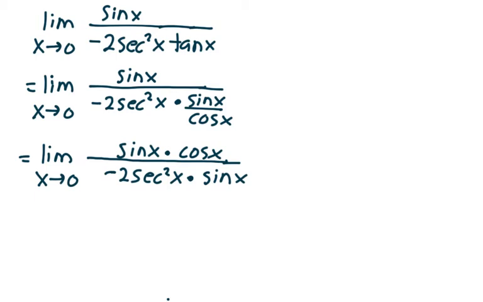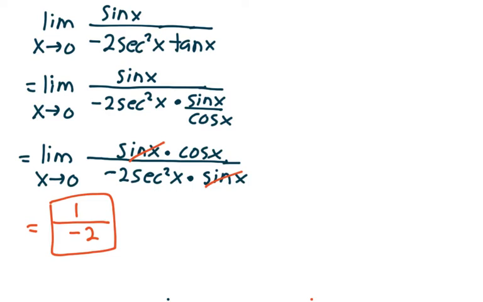The sine x's can cancel, right? And then when I let x go to 0, I get 1 in the numerator, and I get negative 2 in the denominator. So the answer to this question is negative 1/2. And that's how you do the first example.